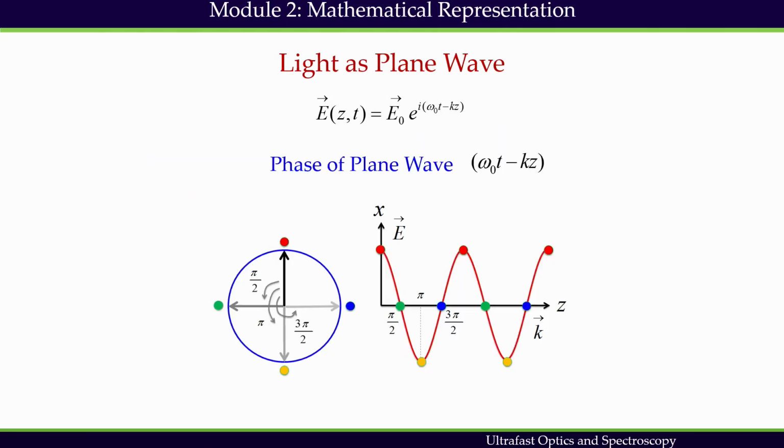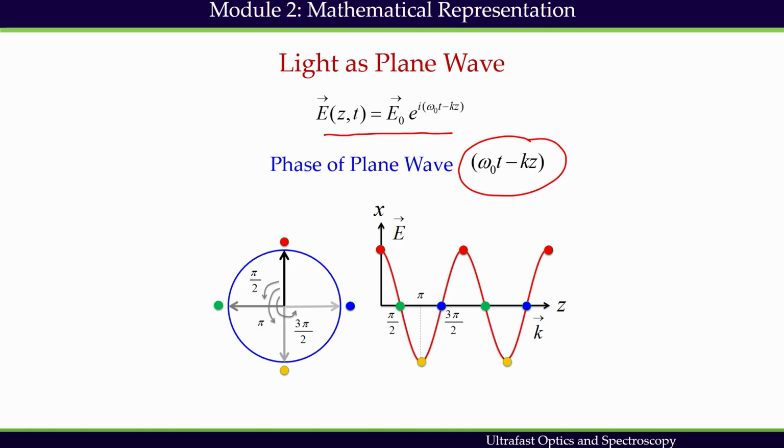The term omega naught t minus kz in this equation features the phase of the plane wave, which represents an angle to manifest a certain linear advancement of the propagating wave. This depicts a close relationship between rotational motion and linear motion.